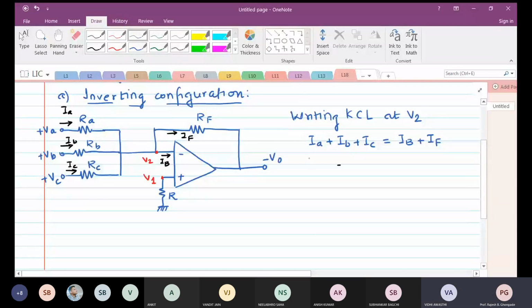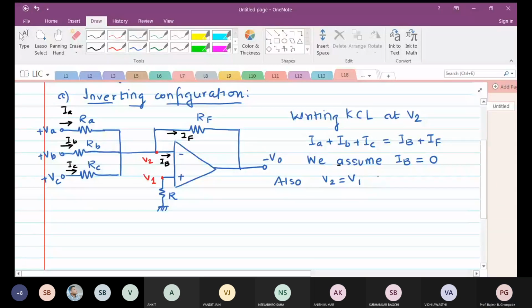Now we assume this to be an ideal operational amplifier, and so the bias current IB will be 0. Also, what is the basic assumption that we use with the operational amplifier? That V2 is equal to V1.